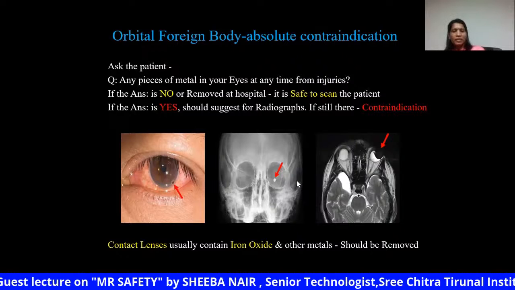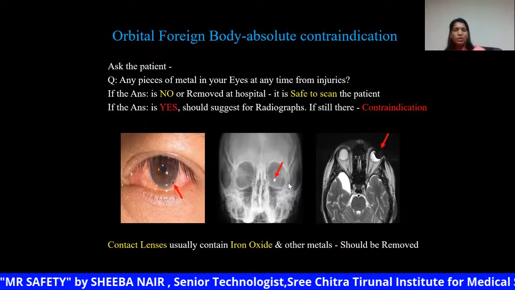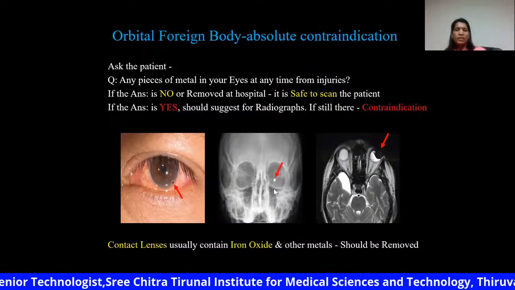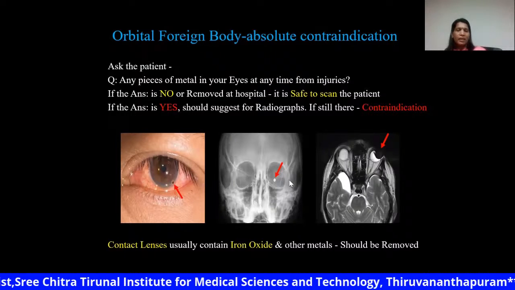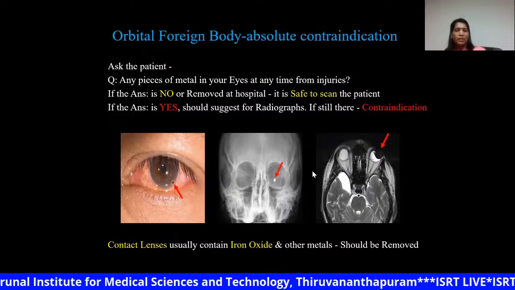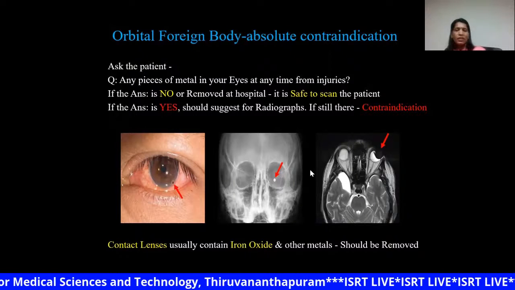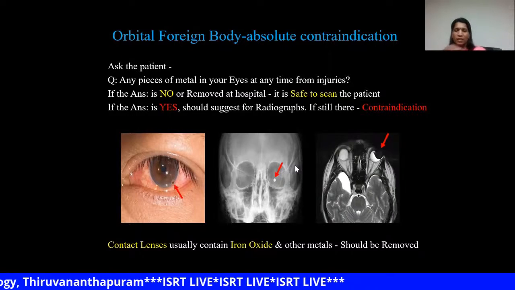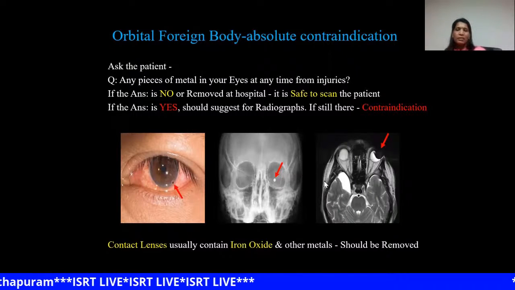If required, we can ask the patient to remove the foreign body before proceeding with the MRI, because in the MR magnetic field these foreign bodies can move and cause injury to the retina or the optic nerve.